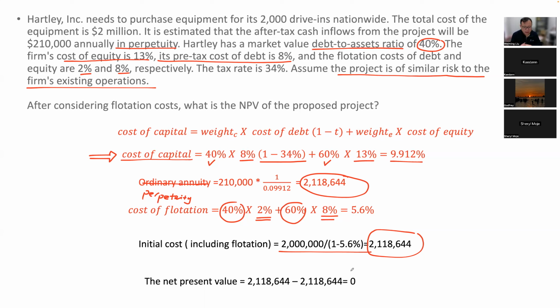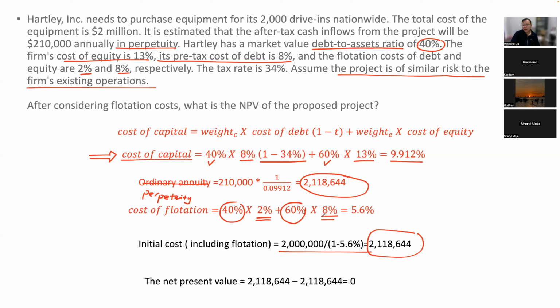That process costs money. So the flotation cost is really saying it costs you 2% to raise the capital. The same idea applies when you issue stocks. There is a cost associated with that action. Does that make sense?